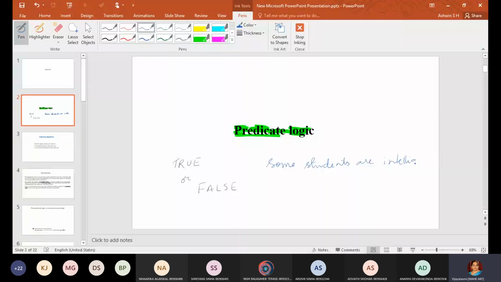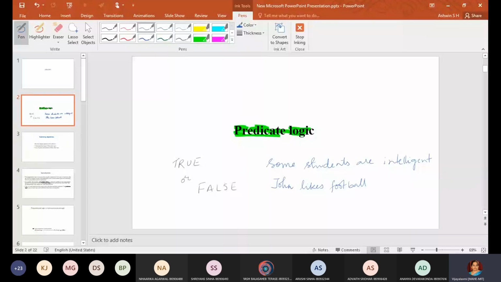I think this was the example which I gave in my last class. Or, John likes football. These we cannot represent using propositional logic. Okay, so here comes predicate logic.